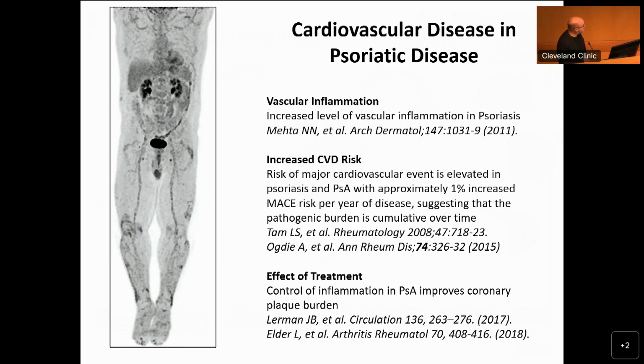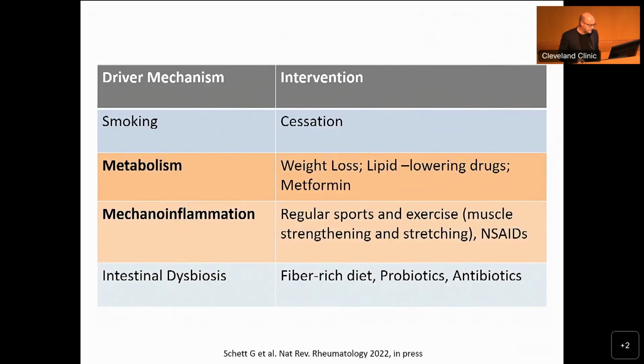And when there's a good control of inflammation by therapy, it improves the coronary plaque burden. What is quite interesting here in this PET scan is that you see psoriasis is actually a systemic disease, and that's very well known. And here you can see the plaques in the PET scan, and also the vessels are shown, so there is a vascular inflammation in this disease.